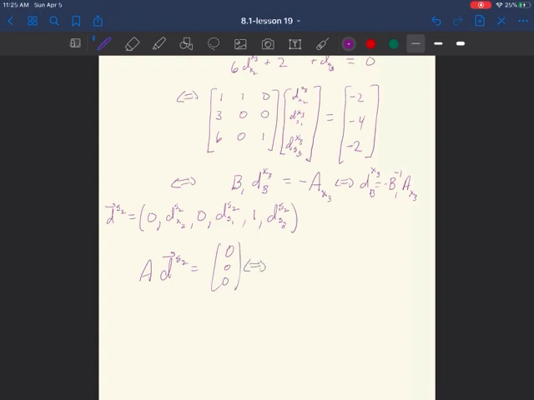I need ds2 equals the 0, 0, 0 vector. Again, substituting the ds2 vector into the constraints, setting them equal to 0, that's going to be dx2,s2 plus ds1,s2 equals 0.